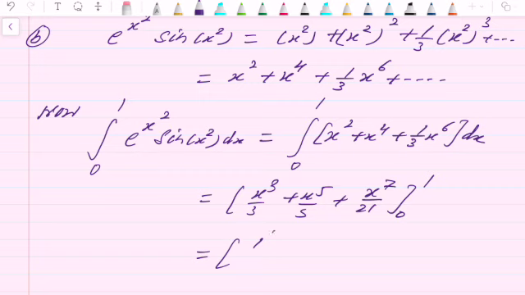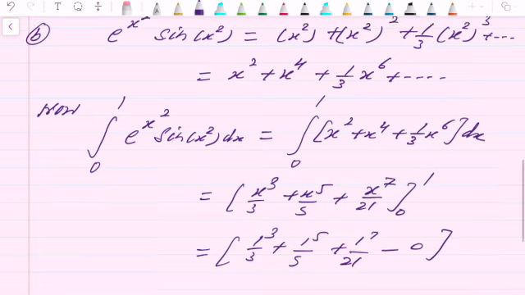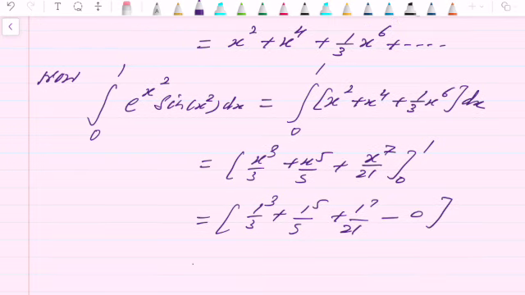So that will be 1 cube by 3, 1 5 by 5 plus, we can skip that step also, minus 0, all of the terms will become 0, and when you simplify, that will lead us to 61 divided by 105.